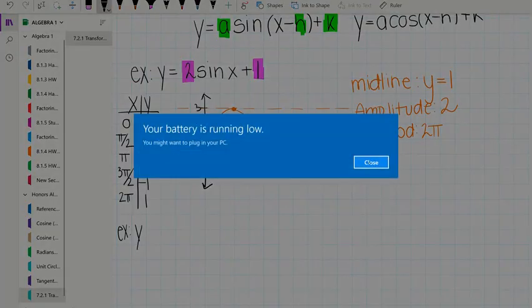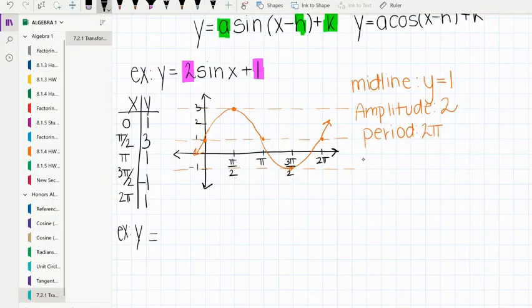But okay, so we have y equals negative 3 cosine x minus 2. And by the way, we know that these are all vertical translations because we don't have a parentheses with the x. So if it was like in parentheses x minus something, then that would be different.